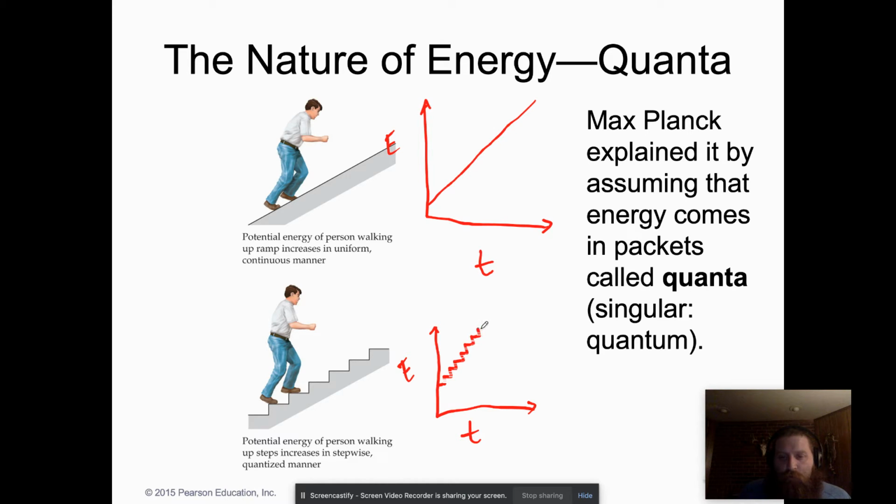And so if you zoom in enough, that line is not actually smooth, it's staircased. Now, as you zoom out, the further away you get from a staircase, the more likely it is to look like a ramp. And that's kind of the same thing that we're seeing here.